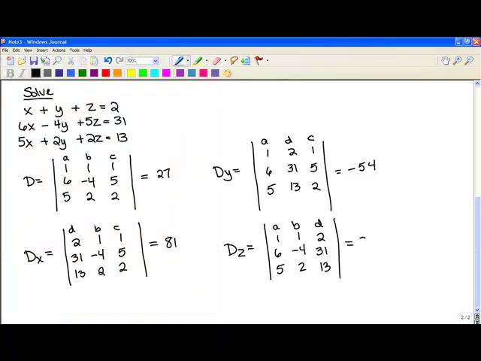This determinant is 27. Now that we found all our determinants, we're ready to get the final answers.